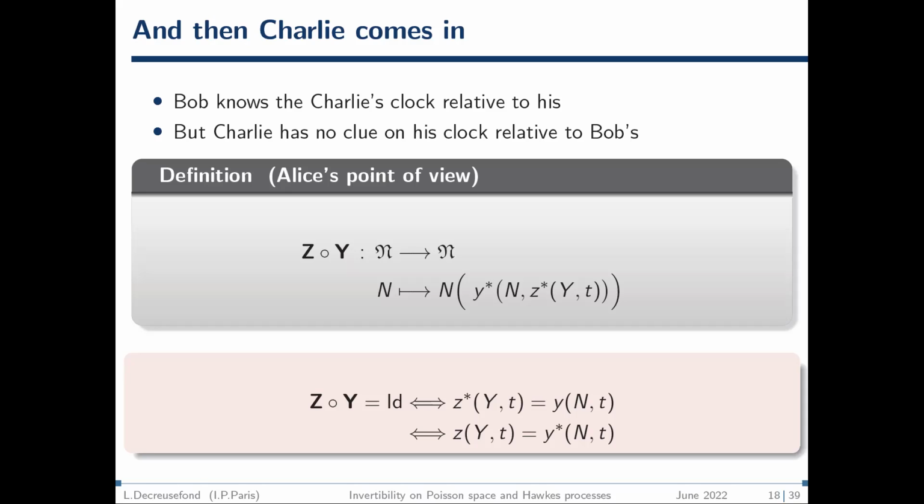So it would be confusing in my mind. -1 should be reserved to Z or to Y, but not to Y star. So this is the key point of what follows.